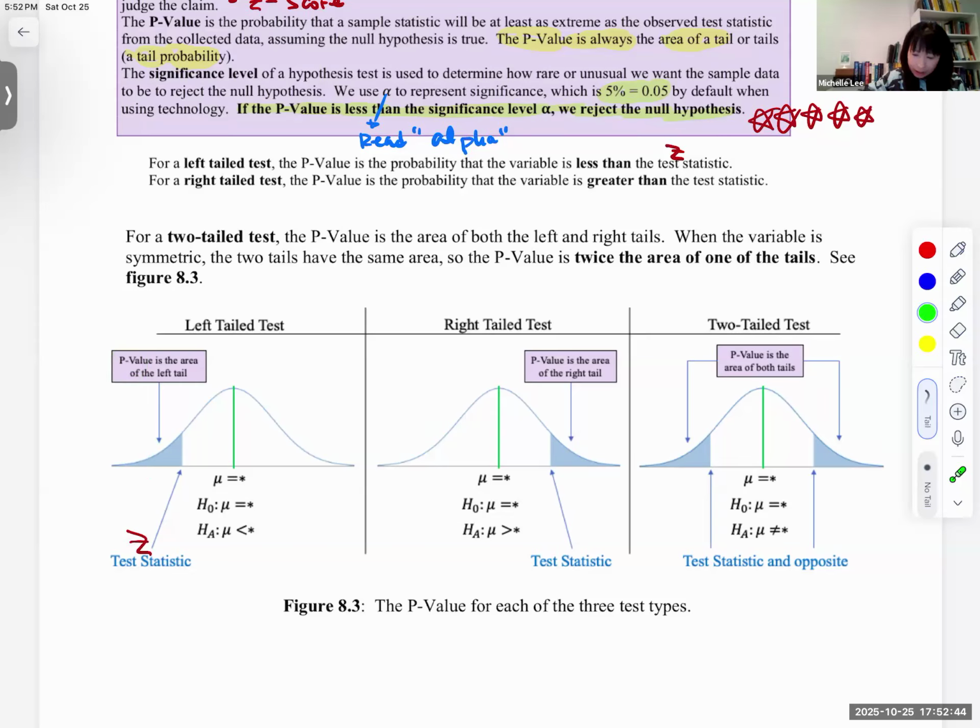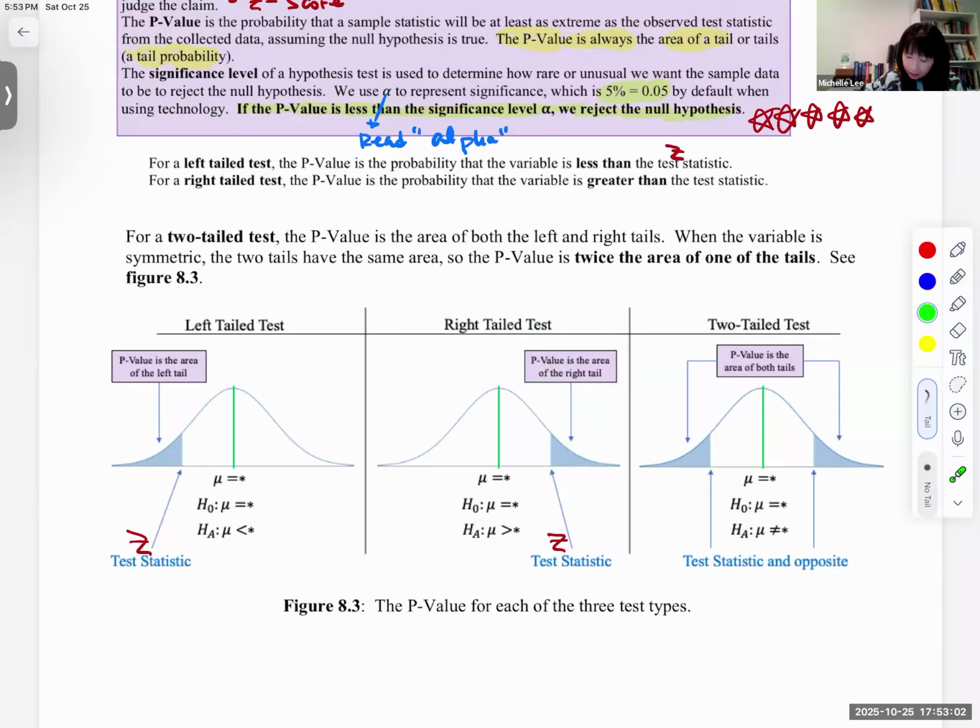And then the right tail test: the z test statistic is here, and the p-value is more on the right side. That's the right tail test.